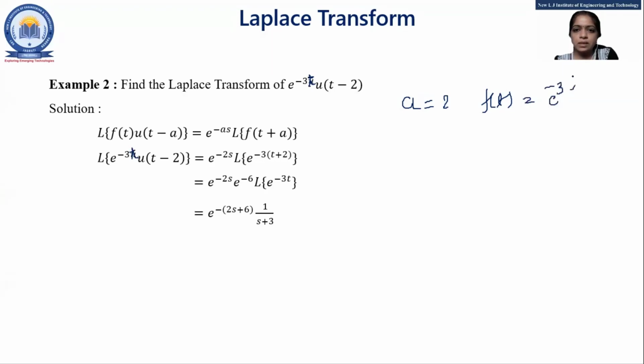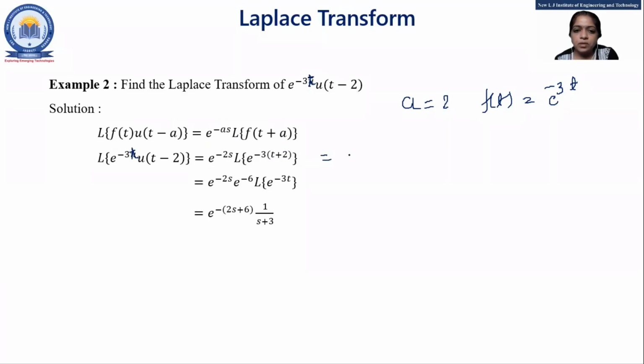E raised to minus 3t, right? So e raised to minus as f of t plus a. Our a is 2. So e raised to minus 2s. And Laplace of function of t is e raised to minus 3t, but we want to write f of t plus a. So e raised to minus 3, and in the place of t, we'll put t plus a. So t plus 2. Our a is 2, right?